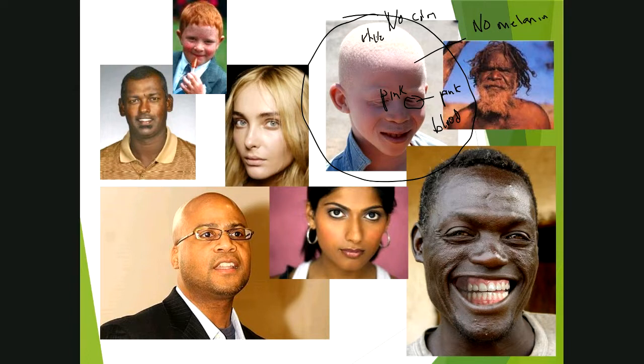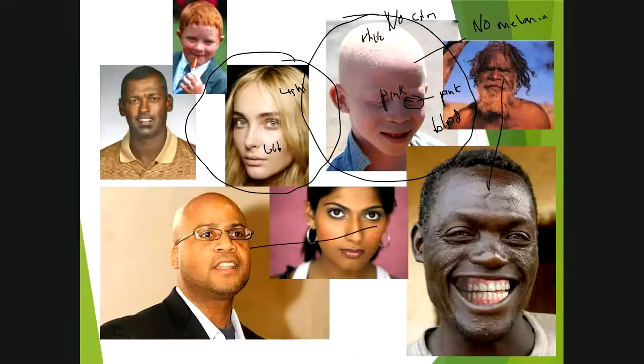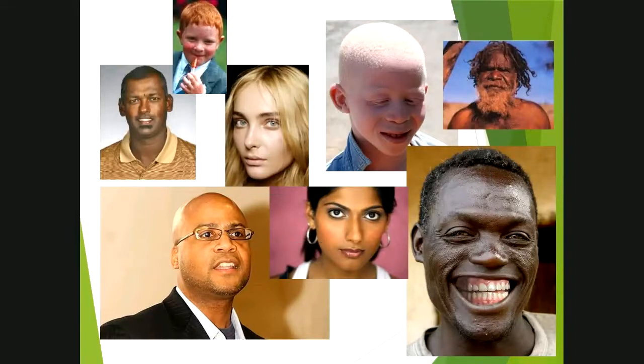Contrast that with this person over here who also has very, very white skin. And look at the hair. Again, it's not white, but it's certainly light in color. But this person does have the ability to make melanin. This is not an albino. So if you look at the variation here, dark, dark, dark, lighter, lighter, and so on, there has to be some reason for this.